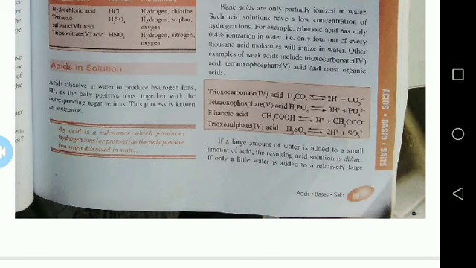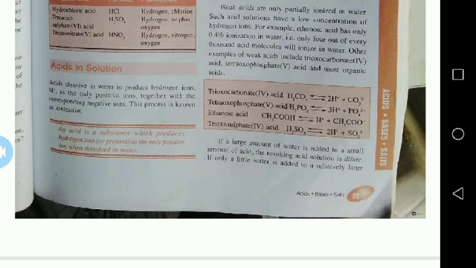Now, all acid in an aqueous solution, aqueous means water solution, yield hydrogen ion, which can be replaced by metallic ions. So all acid in a water solution yield hydrogen ion, and this ion can be replaced by metallic ions.